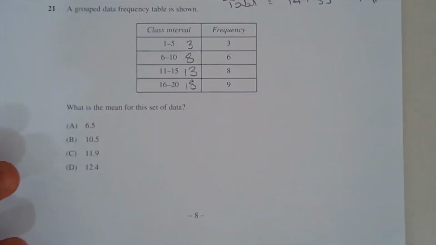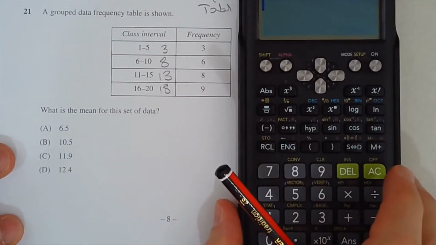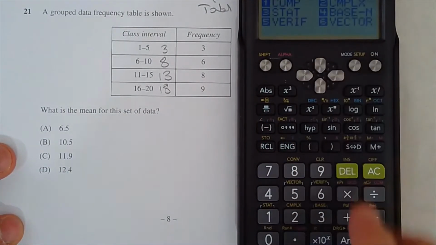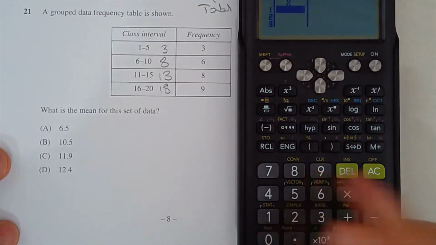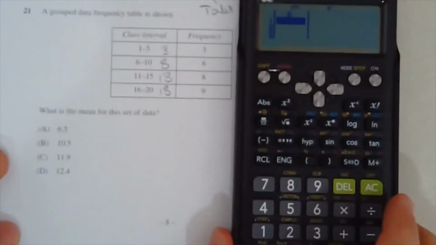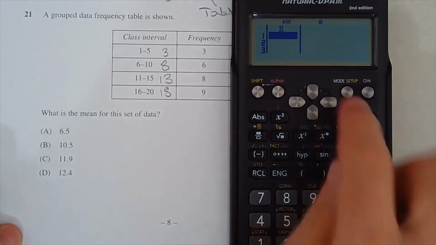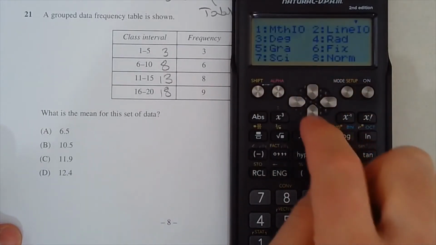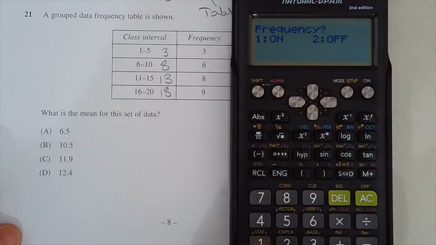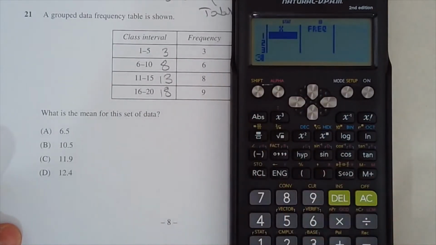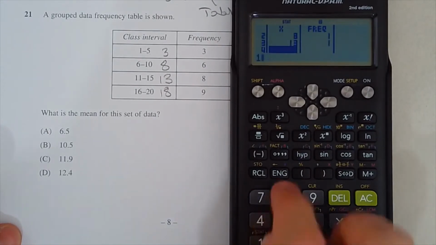Now, we can use the stat mode on the calculator, and that might be the easiest option. It might take a little bit longer, but it's probably the safer option. Now notice with the calculator that you don't have the frequency column. Quickly shift setup, scroll down, stat number 4, frequency on. So let's enter in the data, 8, 13, and 18.